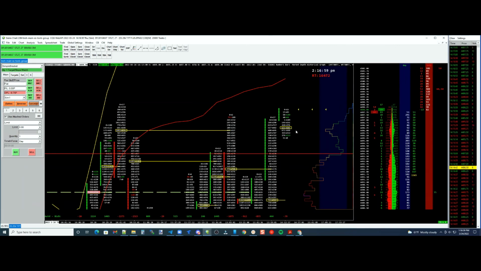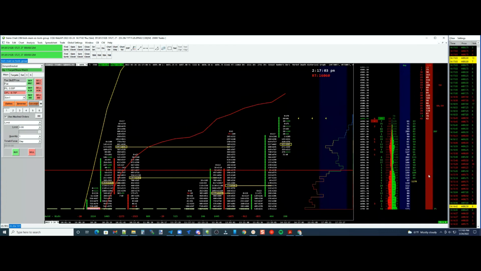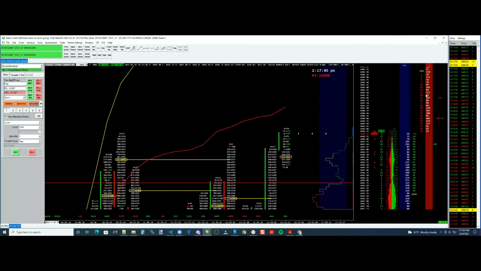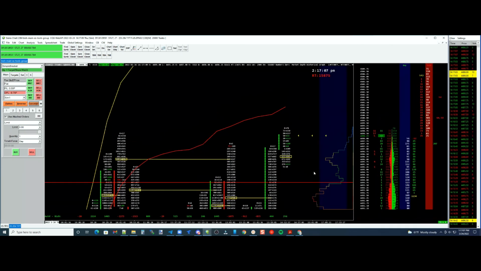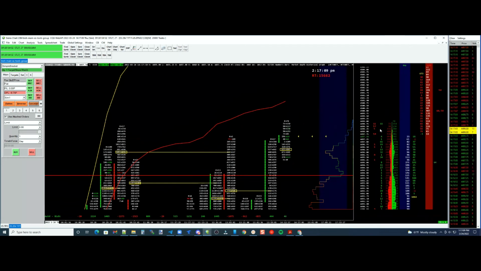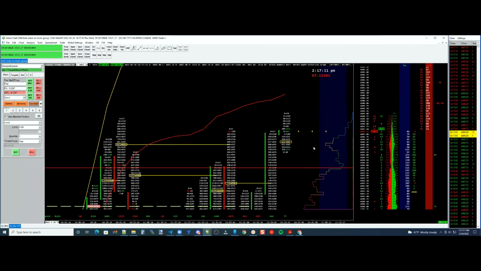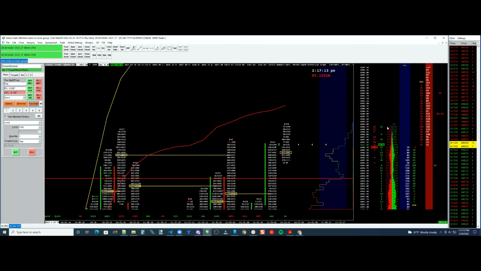Now see what happens. Look, they've pulled the offers, they pulled the stack off. They're still lifting the offer with size. And look what they did when they got to the high. They start crushing the bid with size.